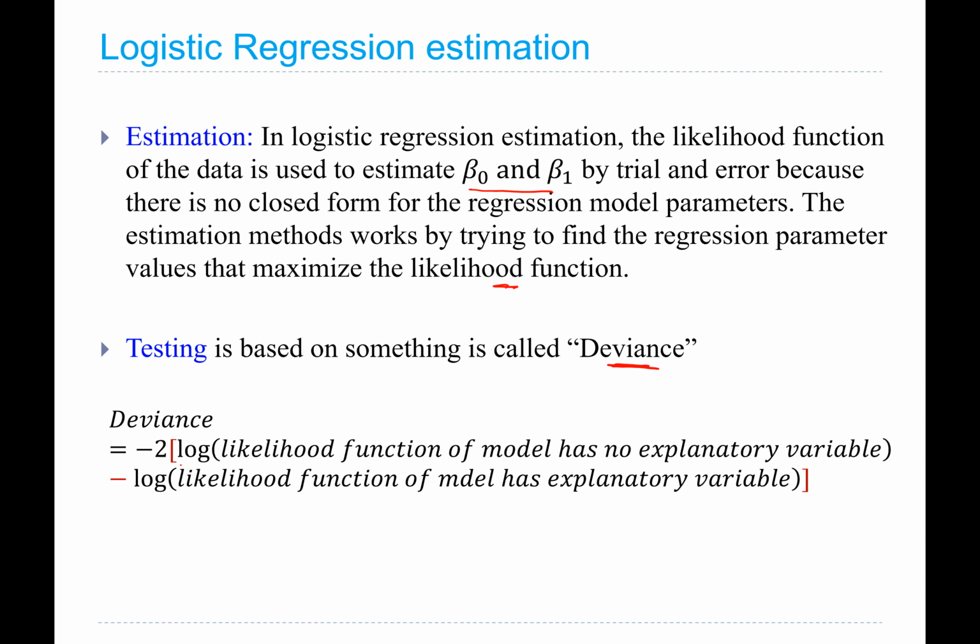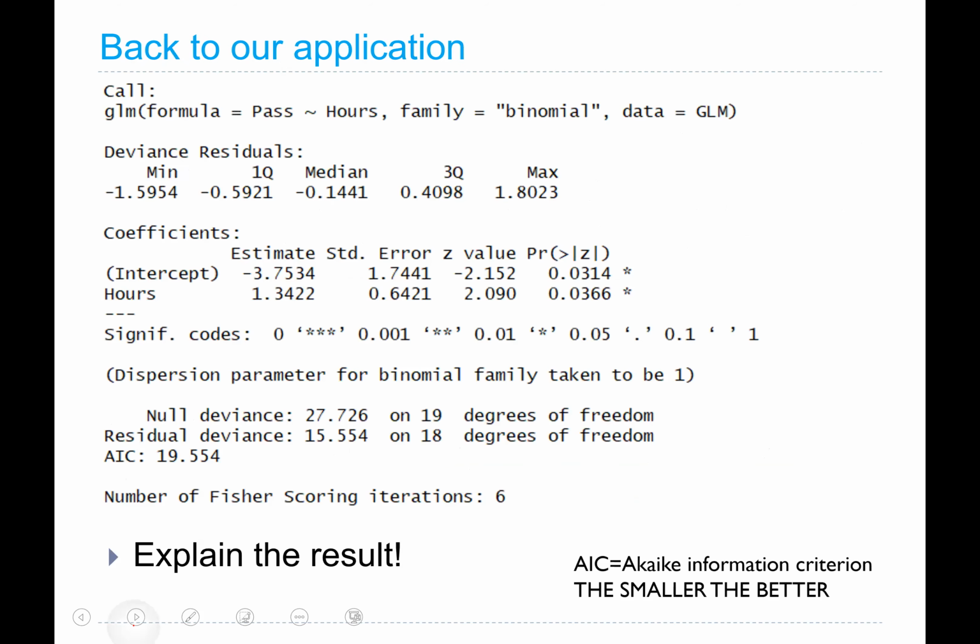Deviance is -2 times the log of the likelihood of the model with no explanatory variables, only the intercept, minus the log of the likelihood of the model that has all the explanatory variables. In this case, one explanatory variable, because we work with a simple case so far. So we use the deviance for testing whether beta 0, beta 1 are significant or not.